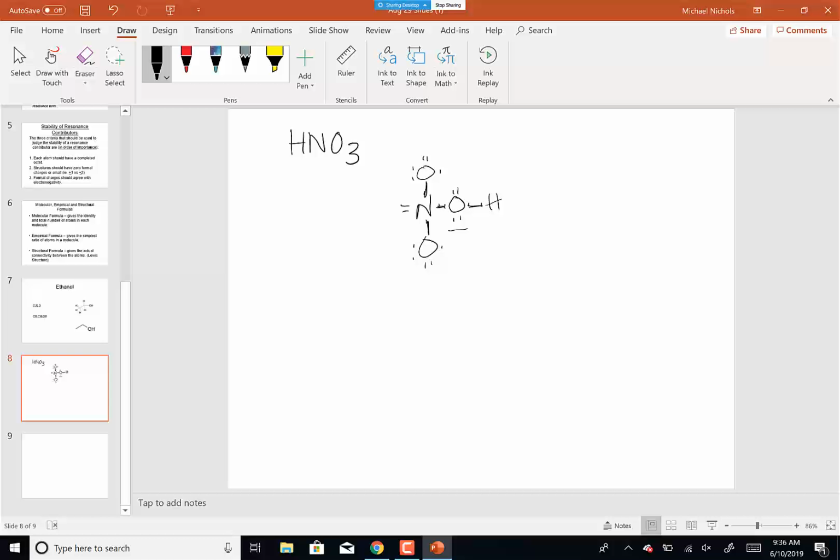So that's a total number they share. And so I need to make that 8. And I need to make the other oxygen 8. So any suggestions as to what I should do? Okay, so I could say I'm going to do a double bond there. So that's going to give me this.